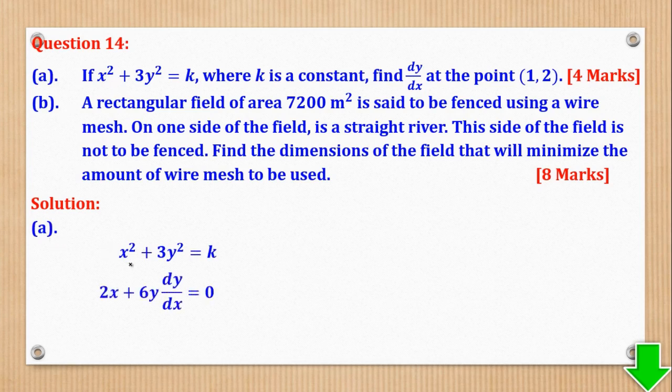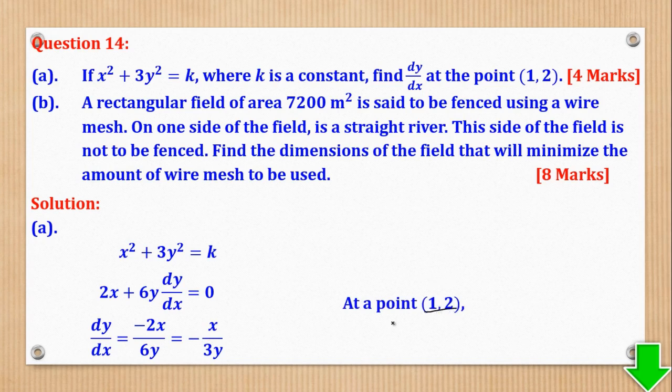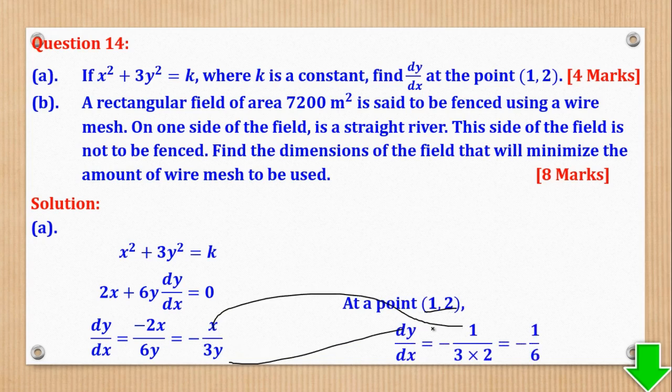So when I differentiate both sides, I'll come up with that and make dy/dx the subject to come up with that. Then you substitute. Remember that at this point x is 1 and y is 2. So come and substitute for x and for y to come up with this as the value of the dy/dx they wanted.